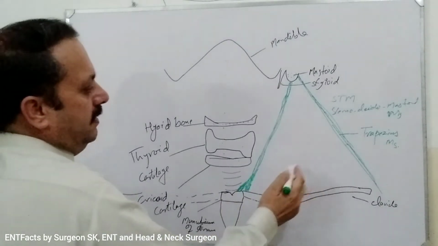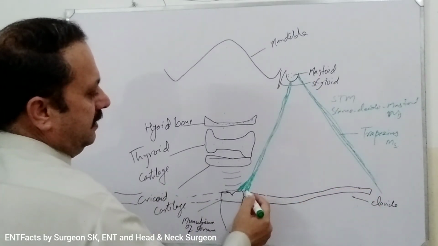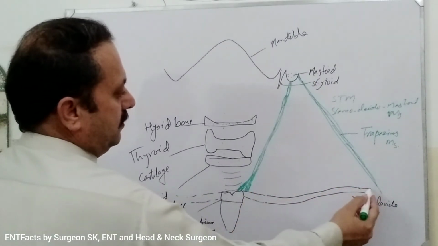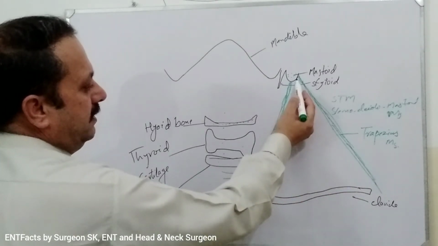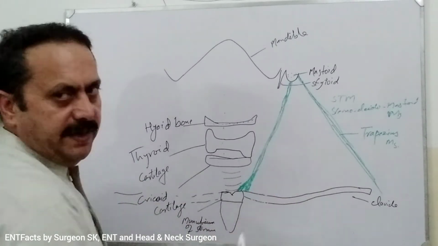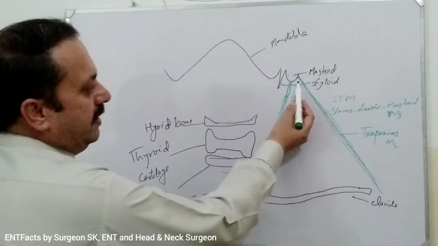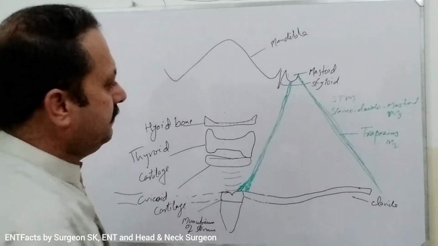While here, there is another triangle, called posterior triangle, the base of which is formed by the superior border of the clavicle, the apex at the mastoid, anterior border by the posterior border of the sternocleidomastoid, while the posterior border is made by the anterior border of the trapezius muscle.